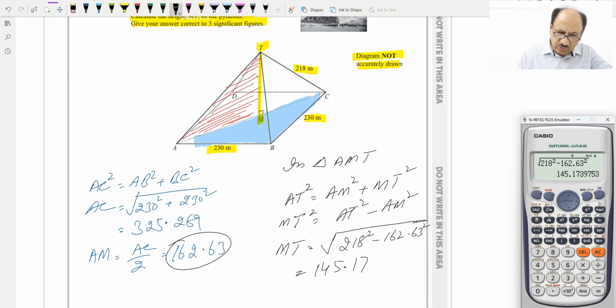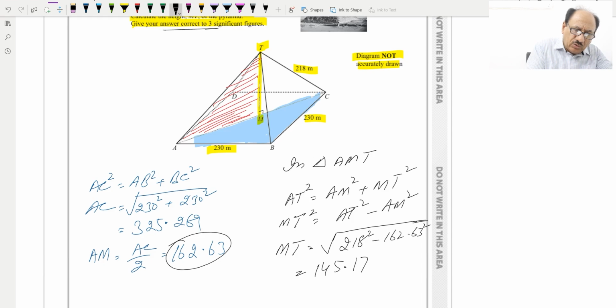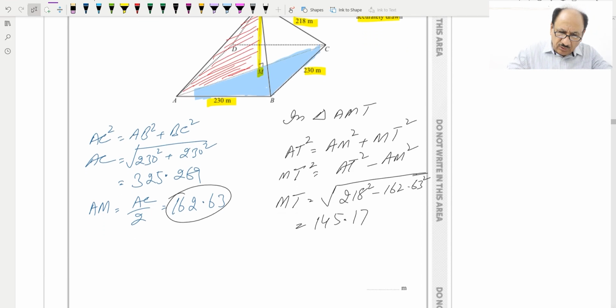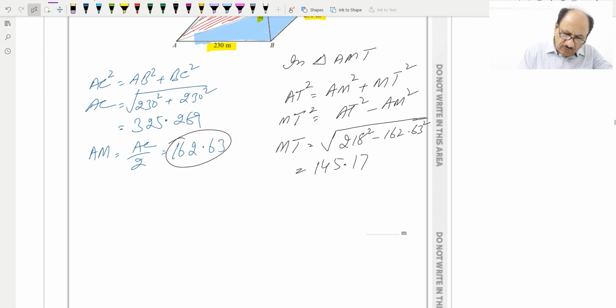But the answer they require is correct to 3 significant figures, so we can round this and write the rounded answer as 145 meters. This will be our final answer.